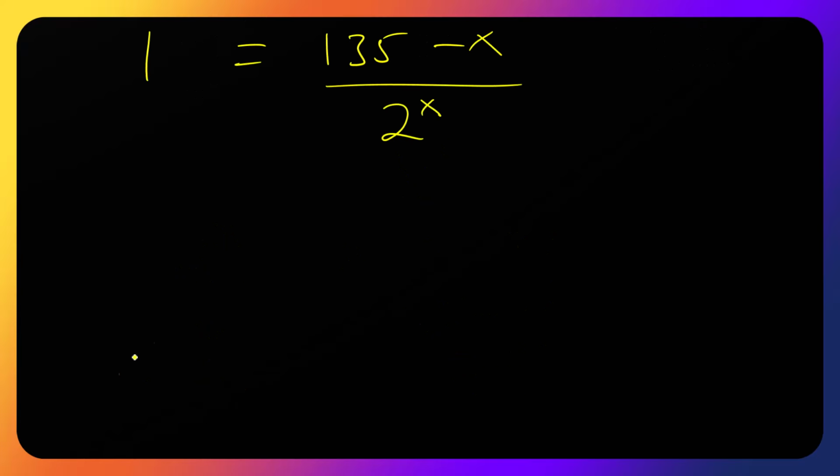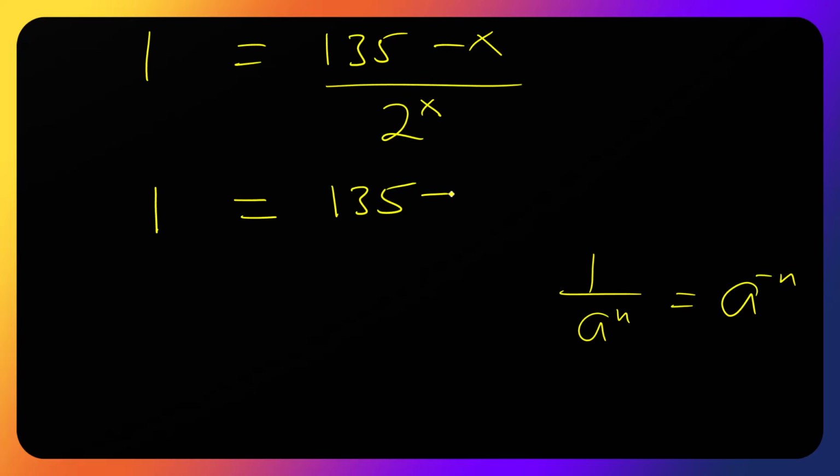Now I want to write this one in linear form. Since 1 over e to the power n is the same as e to the power minus n, I can say 1 is the same as 135 minus x times 2 to the power minus x.